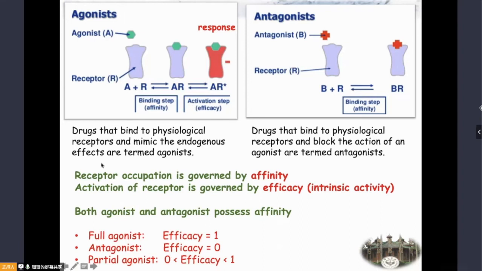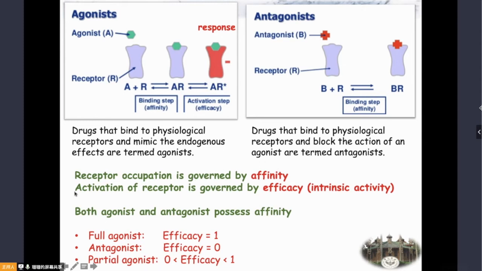To summarize, receptor occupation is governed by affinity, and this affinity is different for different drugs. This affinity can be calculated by in vitro experiments. We'll talk about that later.